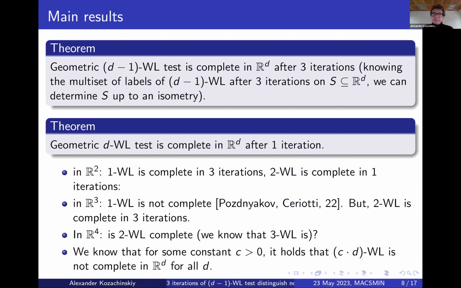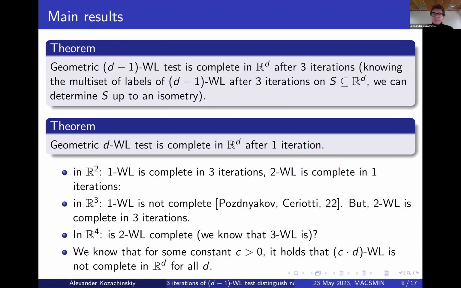And we also observe that this geometric d-WL test is complete just after 1 iteration in R^d, but this is at the cost of having a larger dimension of the test.